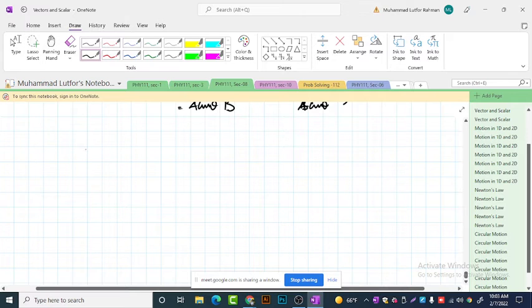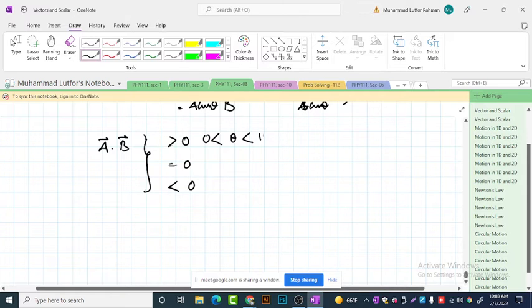Since this dot product is a scalar quantity, the value of this could be greater than 0, it could be equal to 0, and it could also be less than 0. It will be greater than 0 if theta is greater than 0 or less than 90.